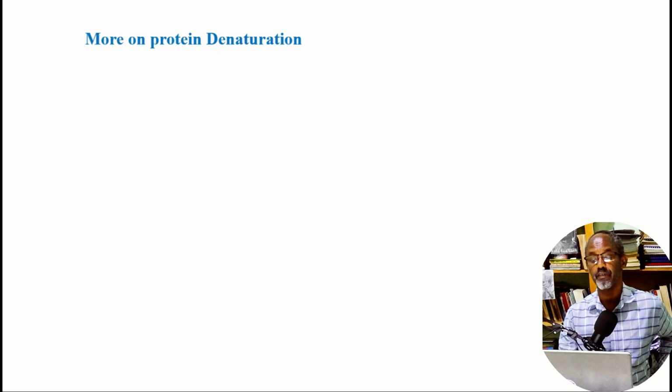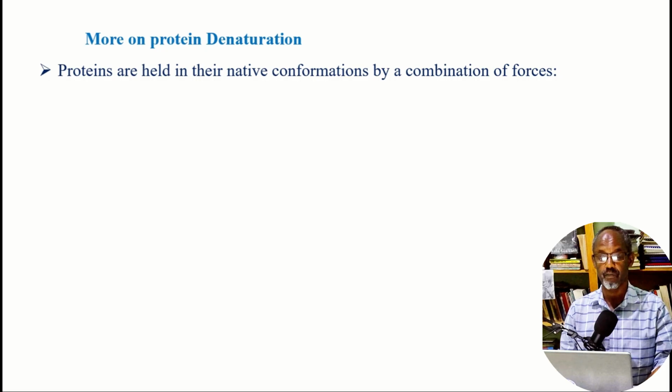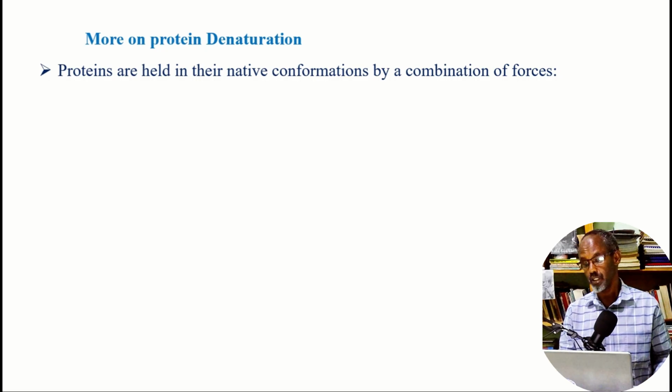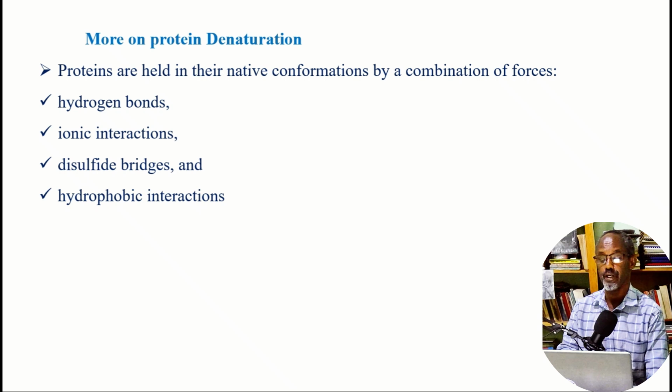Of course, protein denaturation in general, not only enzymes, but proteins in general. Proteins undergo denaturation. Proteins are held in their native conformation by a combination of forces. You can see what these forces are that hold the polypeptide chain folded in a three-dimensional, unique, specific shape.